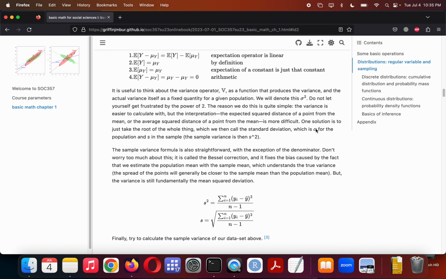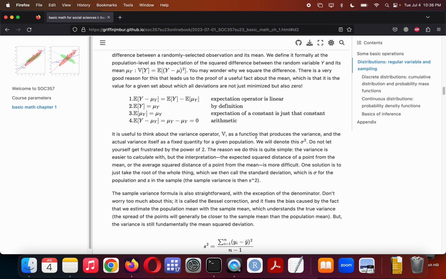Again, this lowercase sigma makes the s sound, so that's why we use it. And then the sample variance is just s squared. So the variance is the square of the standard deviation, and the standard deviation is the root of the variance. Standard deviation is more intuitive. It gets rid of the square, which is nice, but the variance is easier to calculate with because we don't have that annoying square root, which we often have to take some extra steps to delete, basically.